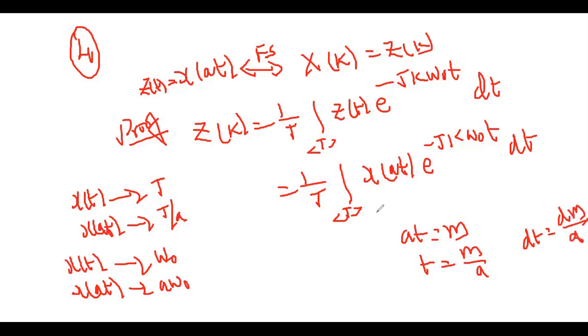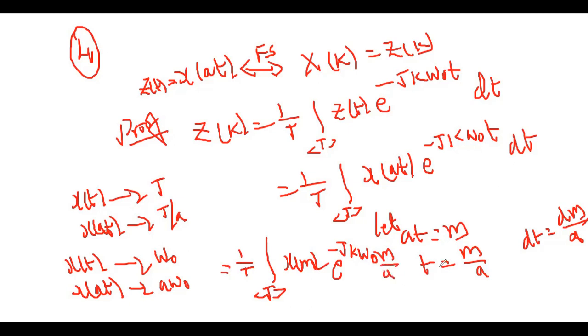Remember this. So 1 by T, the integral over T. Now I'm changing x(at) to x(m), as at is equal to m, I assume. e power minus jk omega naught, and t is m by a, dt is dm by a.